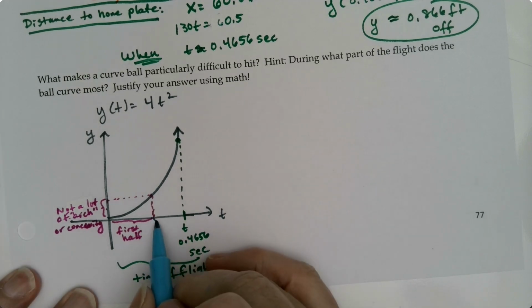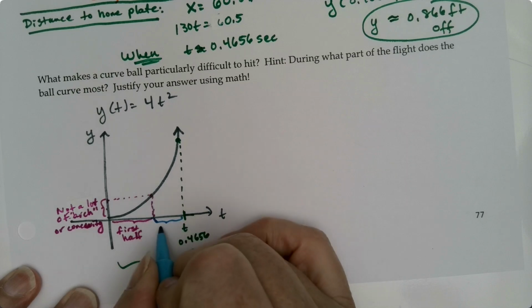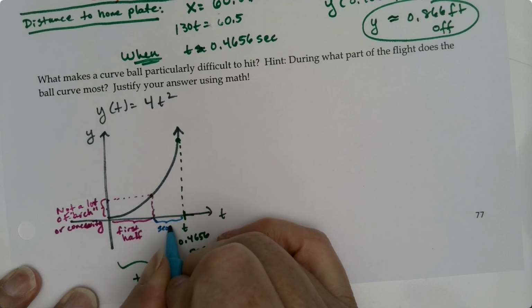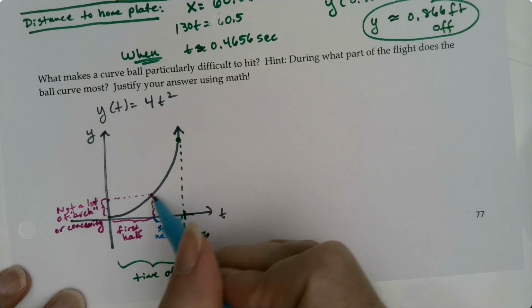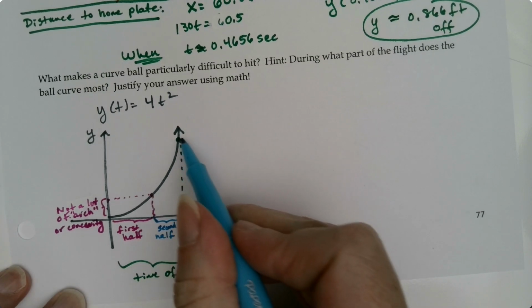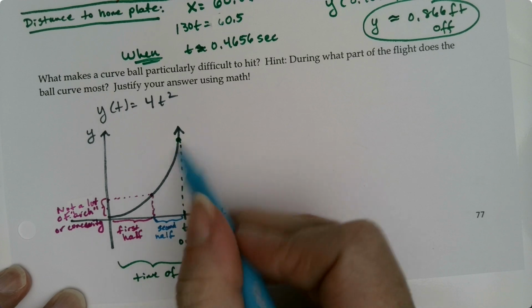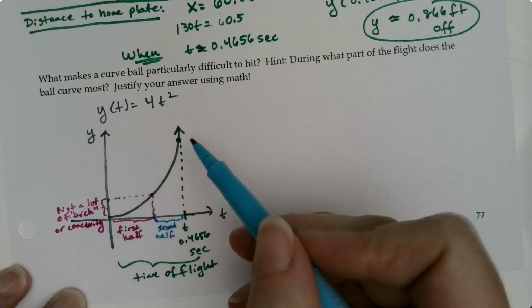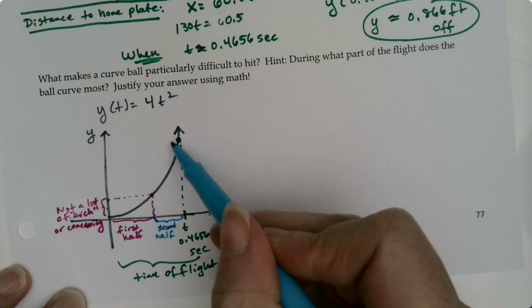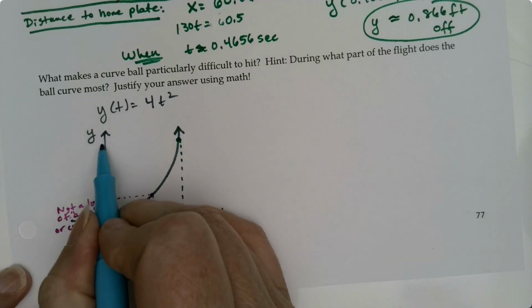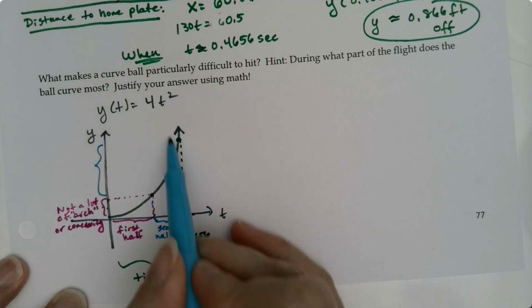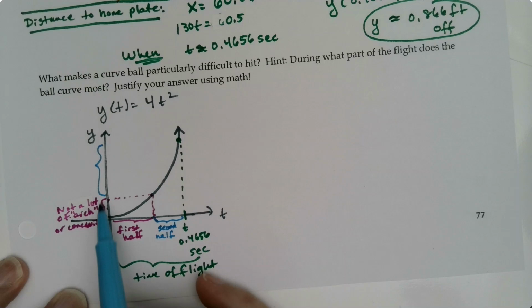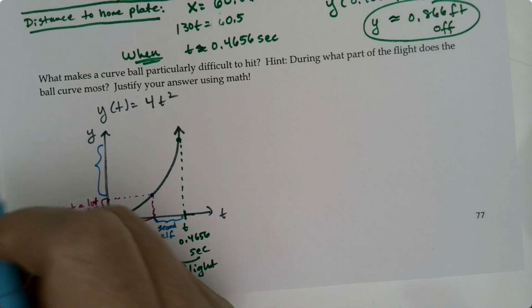So the second half of the flight, as it approaches the batter, and keep in mind this is all happening in less than a half of a second. So as it approaches the batter, gets closer and closer to the batter, right? Then this is the time when it reaches home plate, if you will. So as it gets closer, it's arching more. There's more concaveness, right? And you can see how much more arch, how much longer that is compared to this little piece too. There's more of the curve in there.